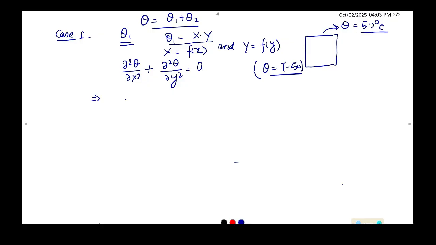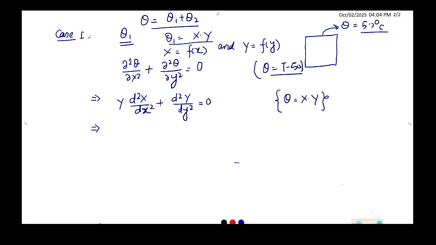Putting theta equals X times Y, I get Y d²X/dx² plus X d²Y/dy² equals 0.